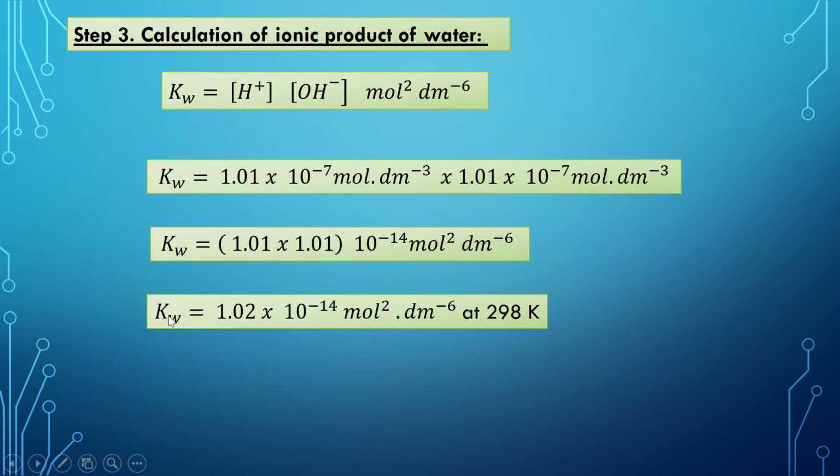So the final answer is 1.0 into 10 to the power of minus 14 mole square dm raised to minus 6. This is the ionic product of water at 298 Kelvin, calculated from the values of the conductance.